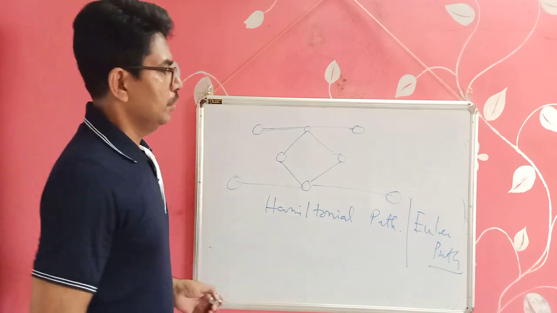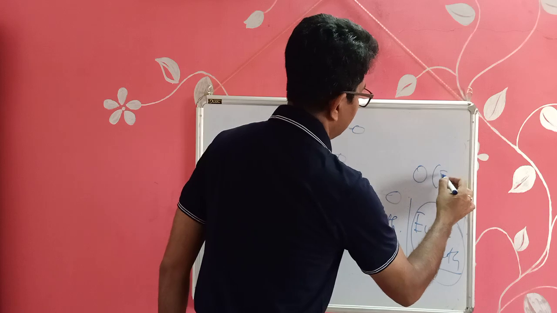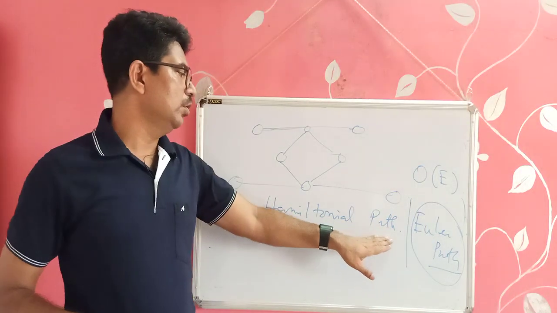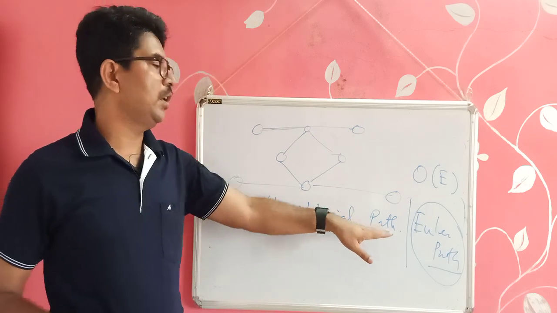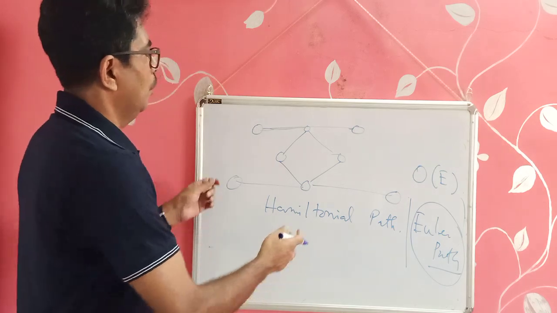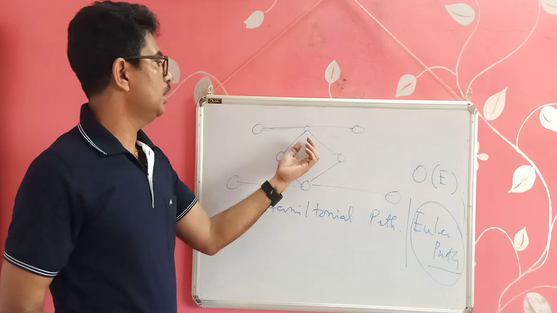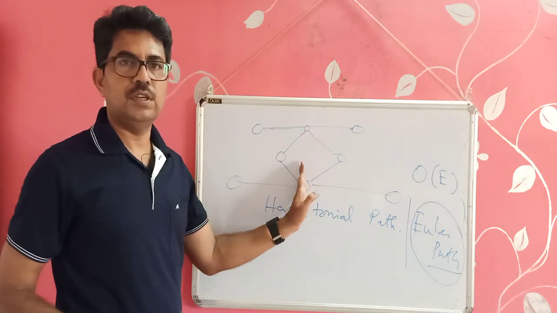So the Euler path problem can be solved in order of E complexity. But till now there is no polynomial time algorithm to solve the Hamiltonian path problem. Okay. So here again, we can consider an instance, a set of inputs, and check whether it is touching all the vertices once and only once, right?